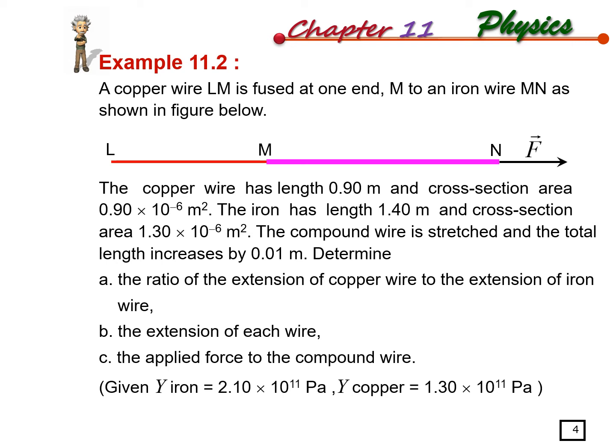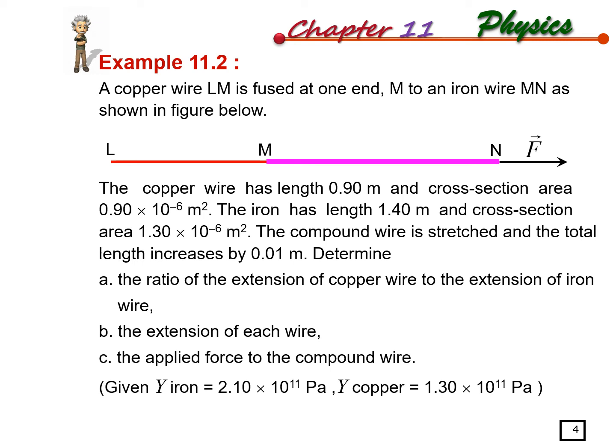The compound wire is stretched and the total length increased by 0.01 meter. Okay, they wanted to determine A, the ratio of the extension of copper wire to the extension of iron wire, and then B, extension of each wire, and then C, applied force to the compound wire.